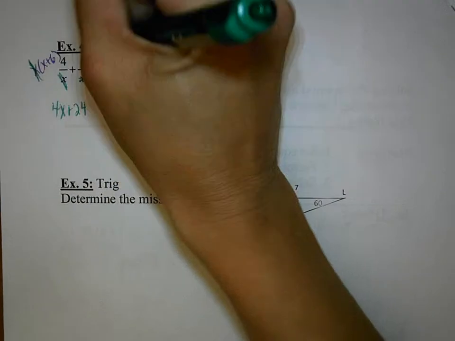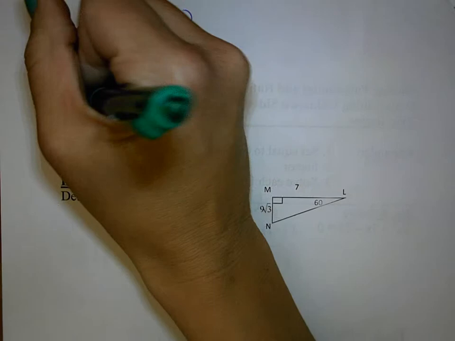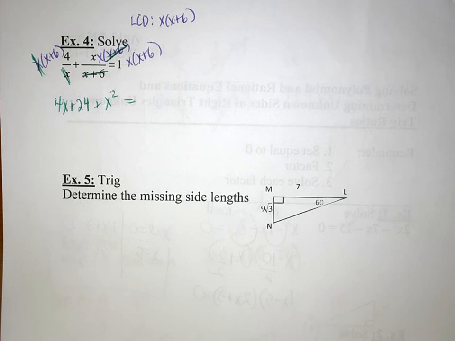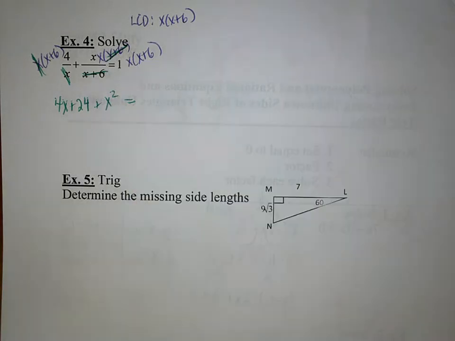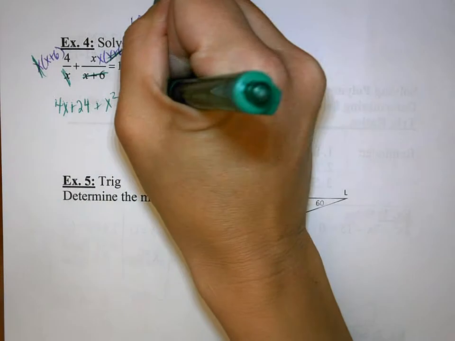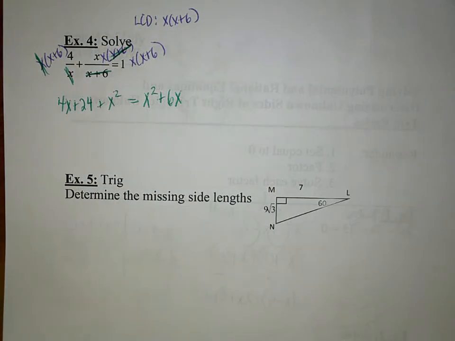Next term, what happens? Our x plus 6 cancels out, and I have x times x, which makes? Good. So I have plus x squared equals. This last one I have 1x times x plus 6, which is? Good. x squared plus 6x. All right, so now in order to factor, what do we need to do?